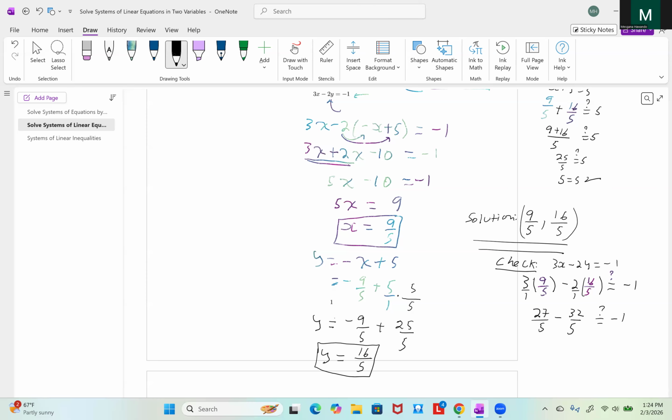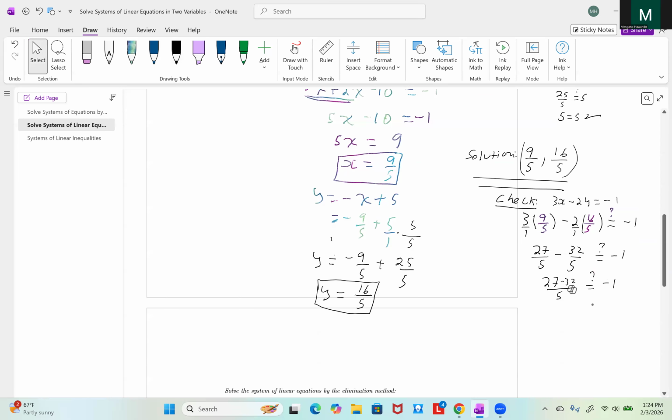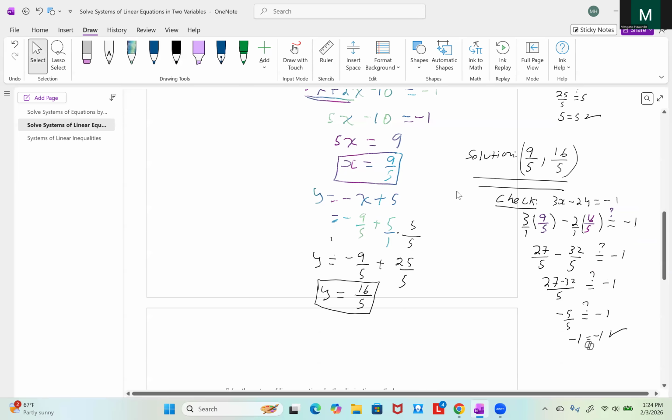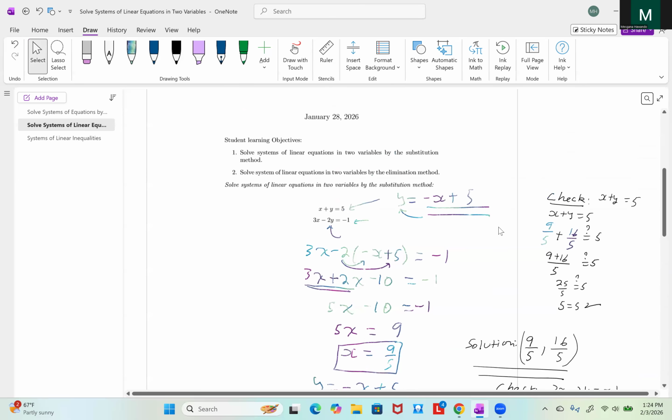They have the same denominator, so we keep the denominator and subtract the numerators. 27 minus 32 is -5. -5/5 is equal to -1, question mark. -5/5 is -1, equal to -1, correct. It's checked for the second equation. That means it gave us a true statement. Therefore, the solution that we found is correct. We didn't make a mistake.